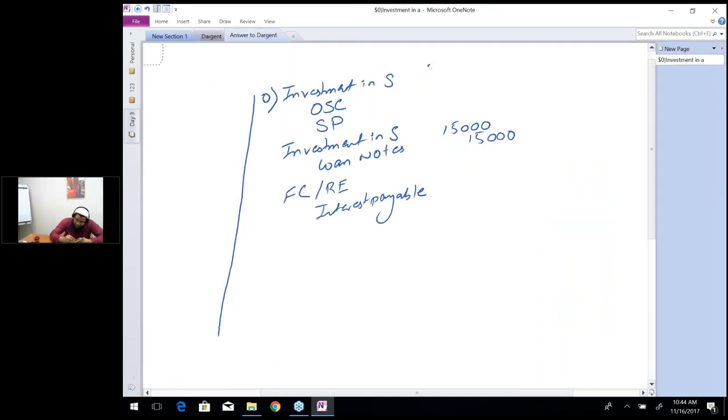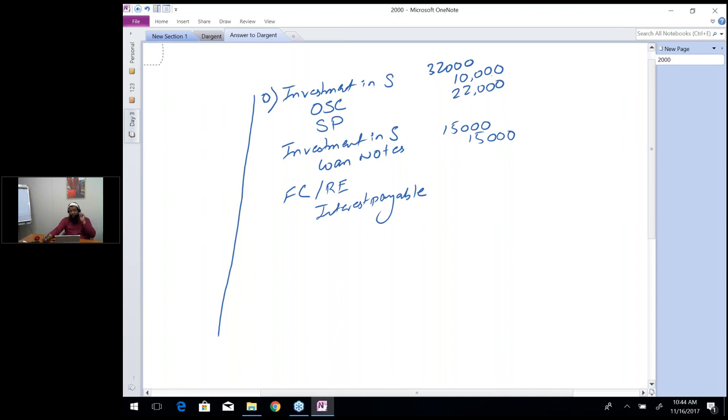So this is going to be 32,000 investment debit, ordinary share capital credit by 10,000 and 22,000 will belong to the share premium. SP means share premium. OSC means ordinary share capital. So 32,000 in the investment, 10,000 as the share capital and 22,000 as the premium. And then 15,000 for the loan notes.